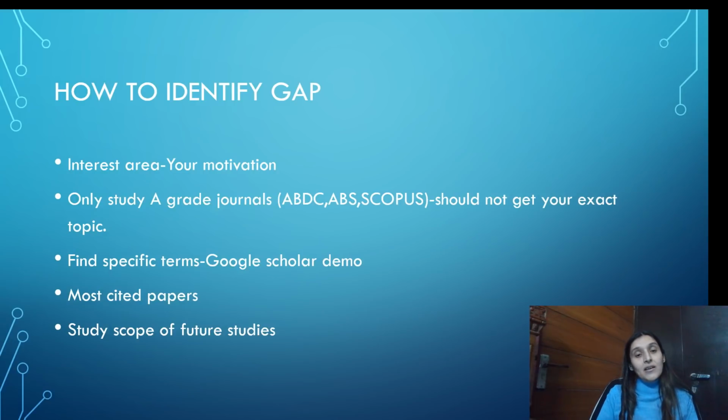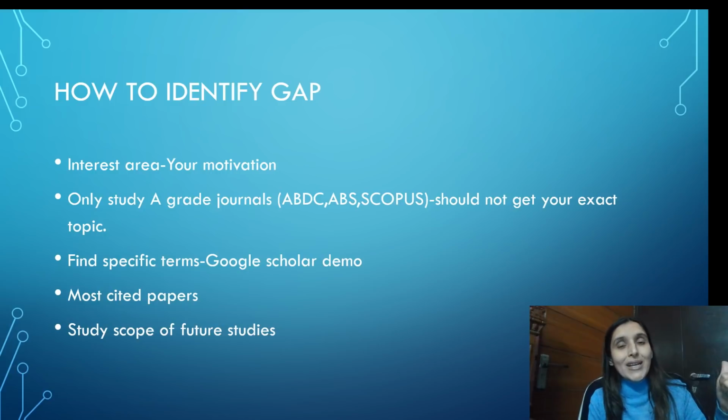Another way of finding the gap is, when you get some 20-50 papers from your domain, go and study the scope of future studies. Now, one more thing. If you go to a paper published in 2010 and study the scope of future studies, that scope must have been completed in these 10 years.